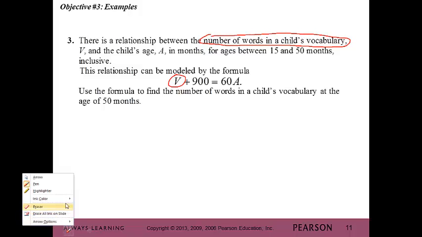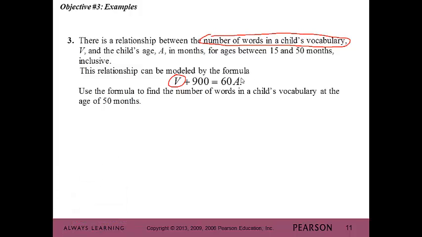And A represents a child's age given in months. Now we go to the question, or what they're looking for, and we're going to pull out the numbers for the variables. So it says use the formula to find the number of words, which means we're looking for V, in a child's vocabulary at the age of 50 months. That's telling us that A equals 50.